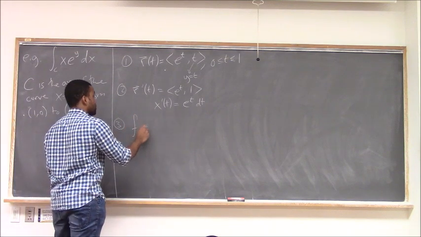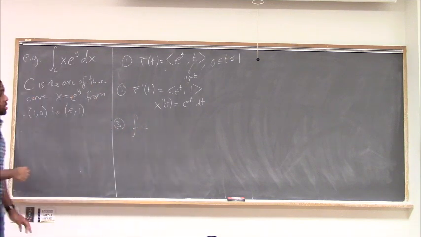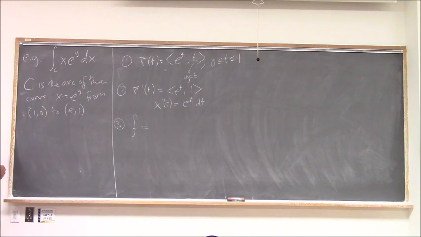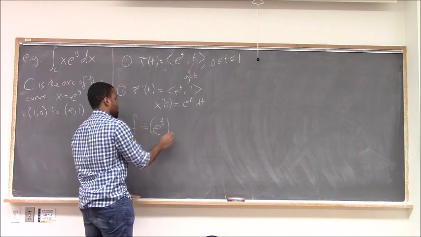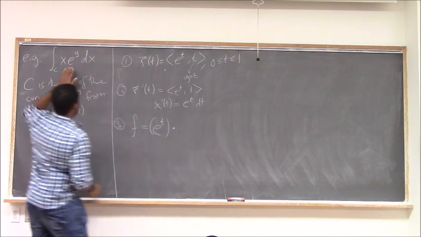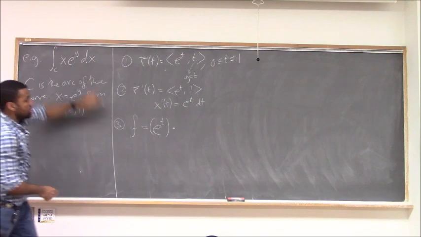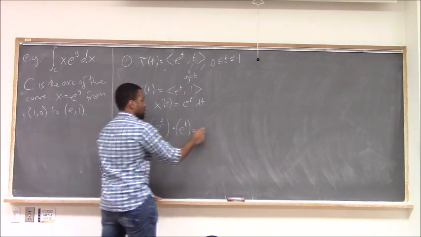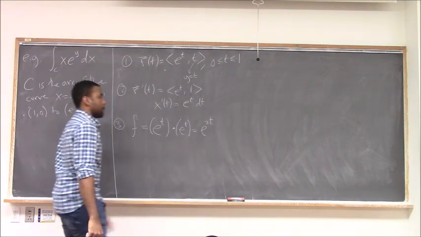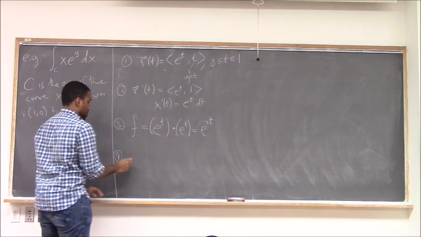So now we're going to find the function. What does our function look like here? x is e to the t times, here my y is t, this is also e to the t, so it's e to the 2t. And so now we integrate.